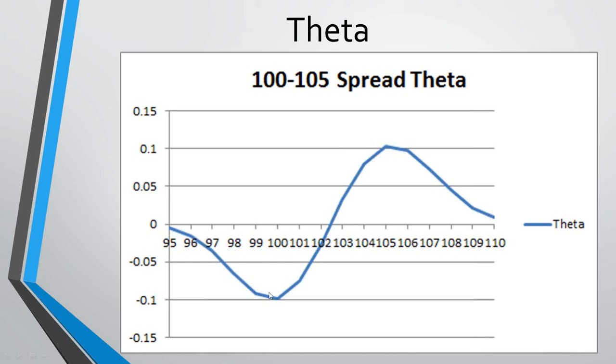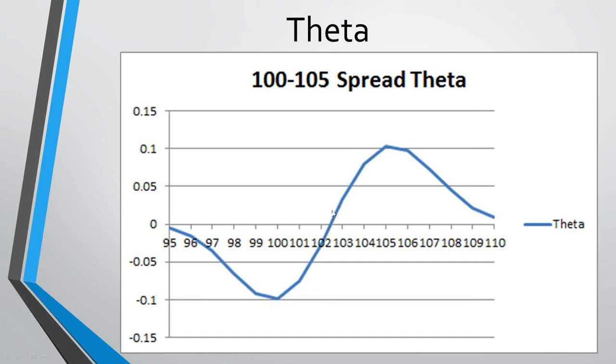Now, as you approach that at the money position, you can see how your time decay increases. This is a snapshot at one specific moment in time and at a specific implied volatility. As time changes, your theta curve does change, and as implied volatility changes, your theta curve does change, and we will get into that. So as you approach at the money, your theta time decay becomes greater and greater, and then as it approaches the null point, it's still negative, but it approaches zero.